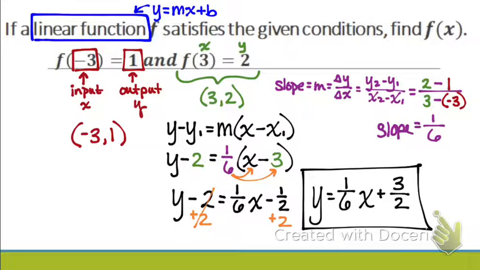All right. So could you use point slope form from the original part to find the slope? I would think so, yeah.